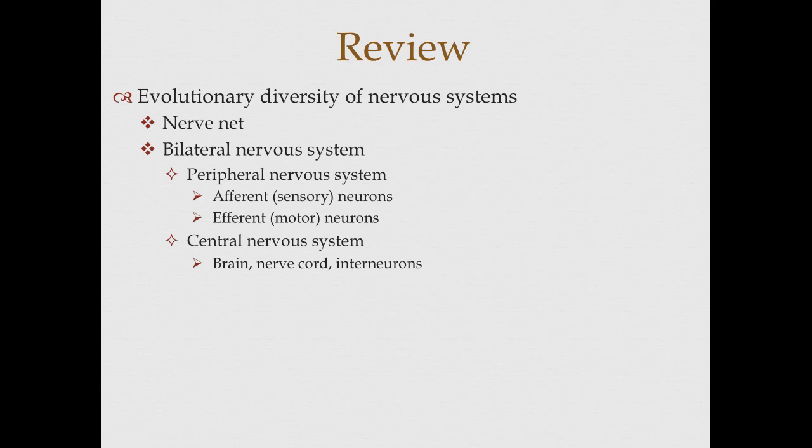And the central nervous system is composed of the brain, the nerve cord, and the small neurons that make the connections between the peripheral nervous system and the central nervous system, the interneurons.